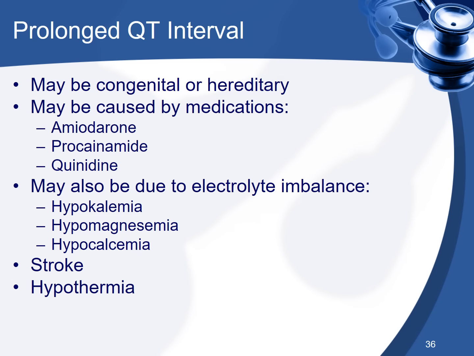Hypokalemia, low potassium, hypomagnesemia, and hypocalcemia. So low potassium, low magnesium, low calcium can also cause this. Patients who have had strokes, patients who are hypothermic, all of these could cause a prolonged QT interval, which should give us a warning that a ventricular event may be happening.